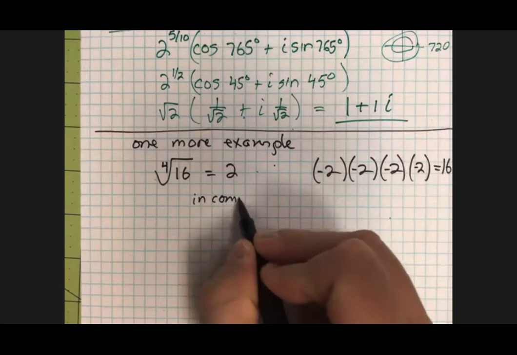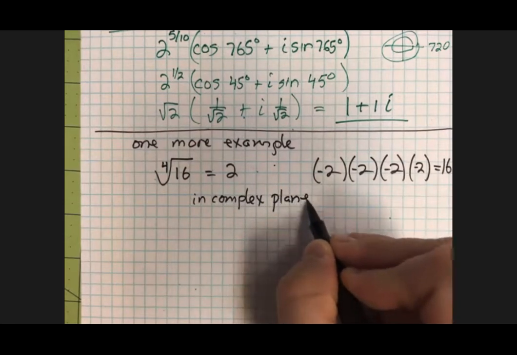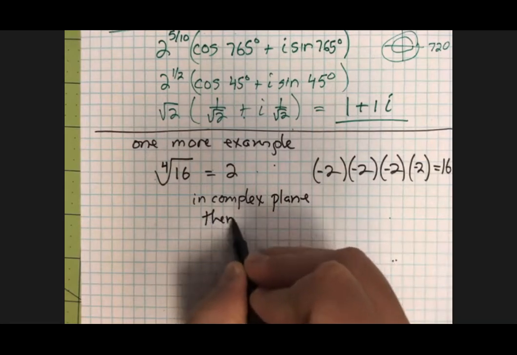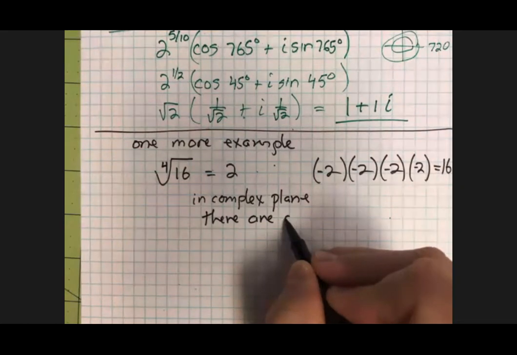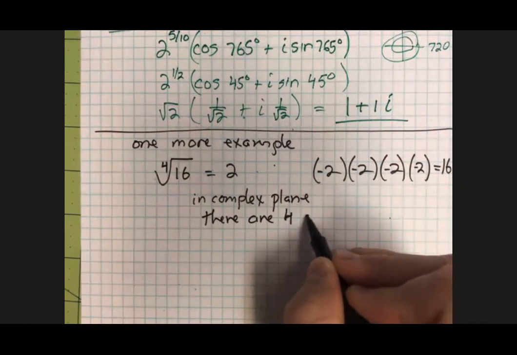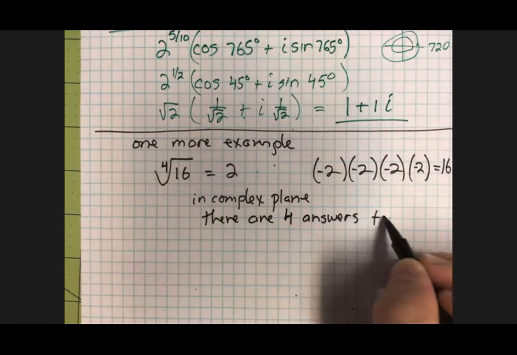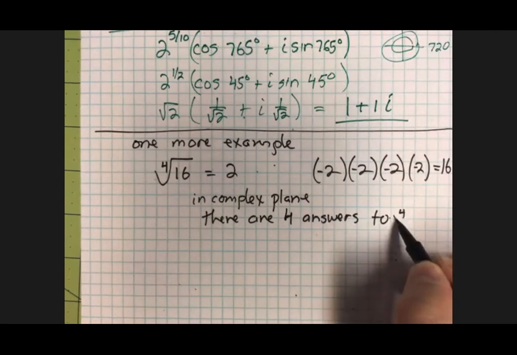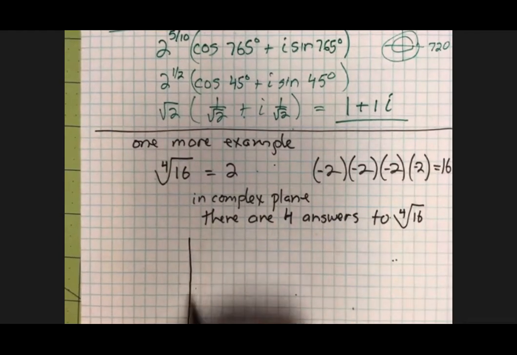But in the complex plane, there are a total of 4 answers to the 4th root of 16. Let's draw them.